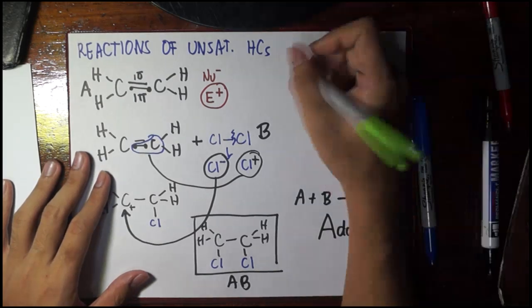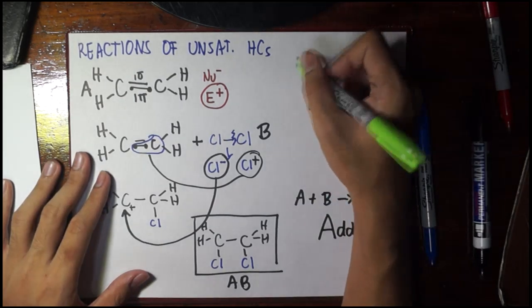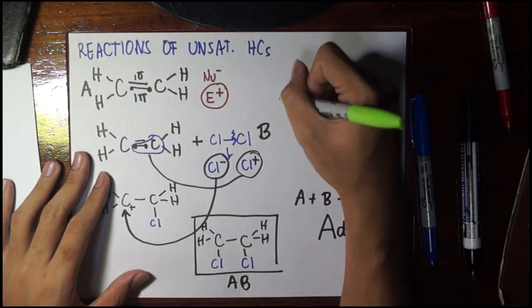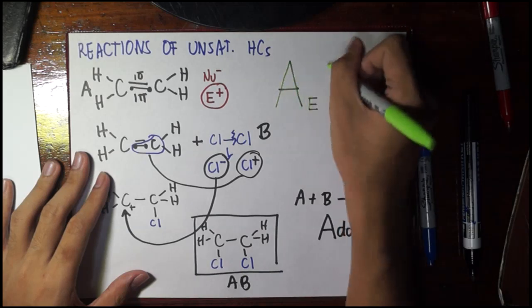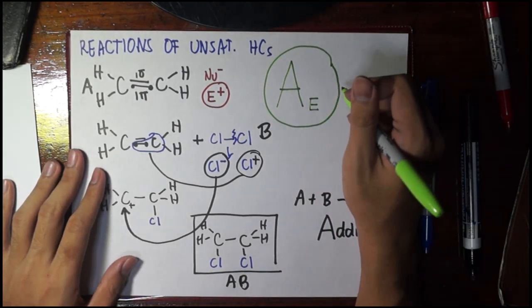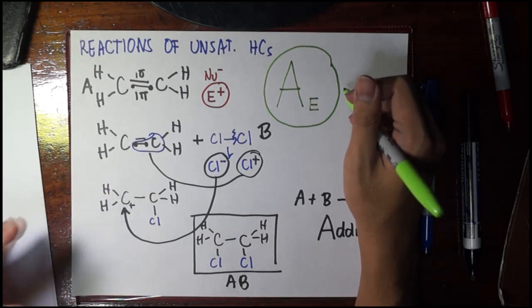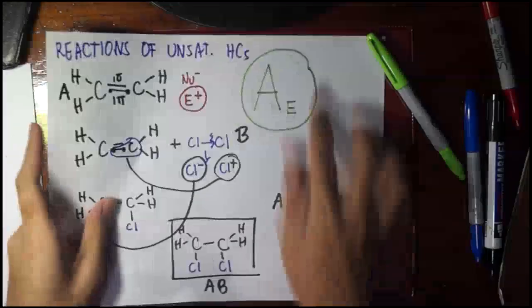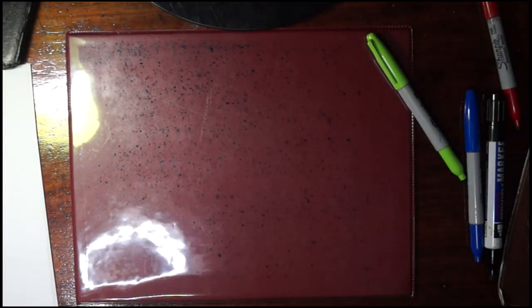So the mechanism of alkenes and alkynes, since alkynes have pi bonds also, is electrophilic addition. Electrophilic addition. Forget that, and I don't know, probably I'll curse you for the rest of my life. Alright, just kidding. So that's the general reaction mechanism for alkenes and alkynes.